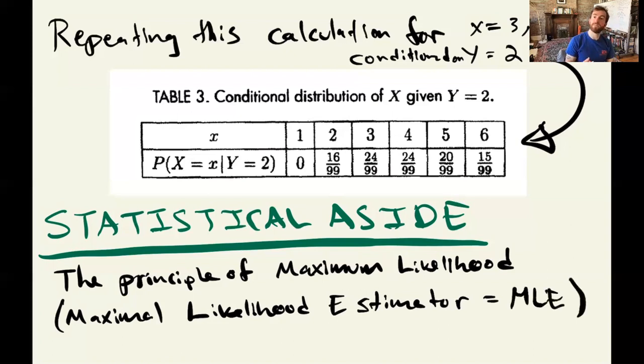It is essentially the principle that if you've observed some data, namely that you got 2 heads after you produce this process, you choose the parameters for x that make that data most likely.